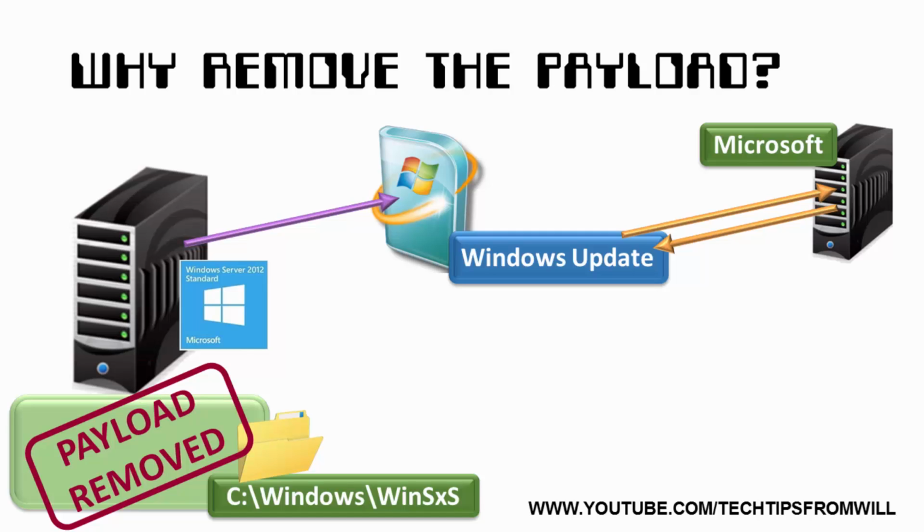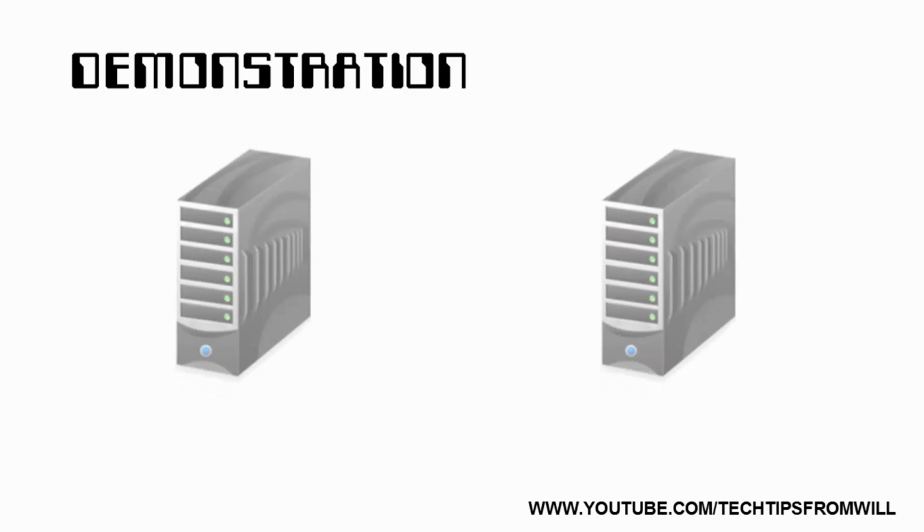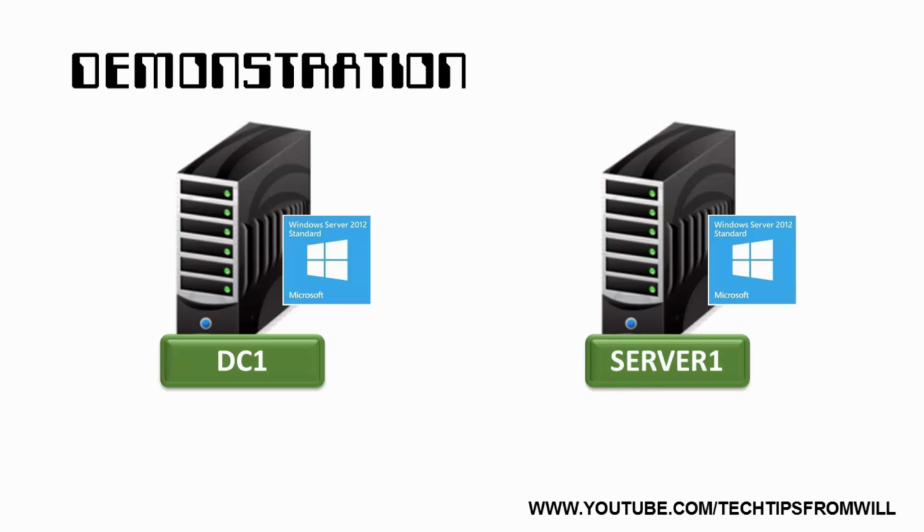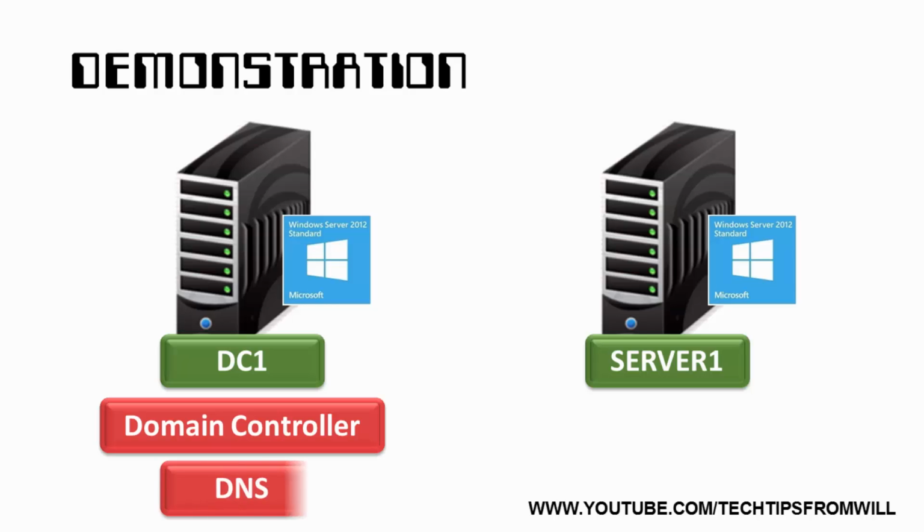As you can see, there is rather a lot to Features on Demand, so let's take a look at how it works. To demonstrate how Features on Demand works, I will, in my lab environment, deploy 2 Windows Server 2012 R2 servers, named DC1 and Server 1. DC1 is the domain controller and DNS server for my network.